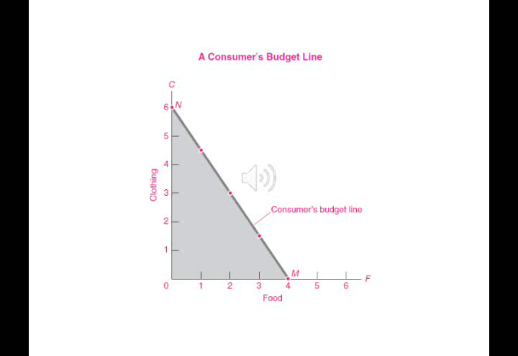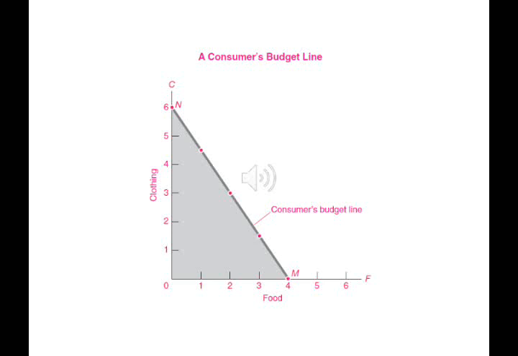What does this 3 over 2 tell us? This tells us that if our consumer gives up 3 units of clothes, he can have enough funds or enough money to buy 2 units of food. This is what we mean by 3 over 2. Giving up 3 units of clothes, he will have enough funds, which is 3 times 1, because the price of clothes is 1.